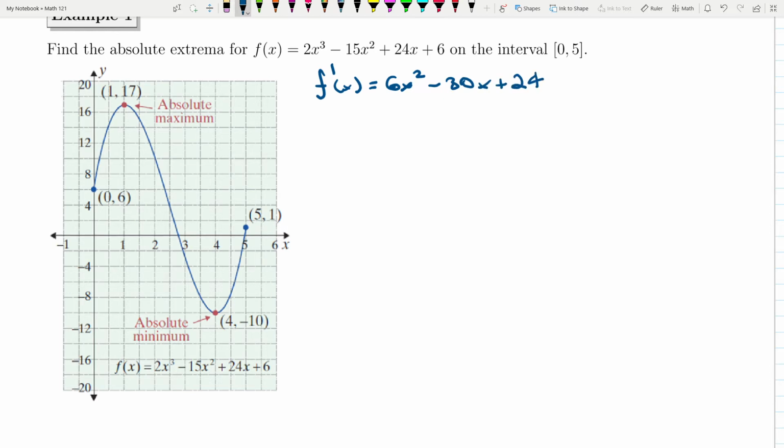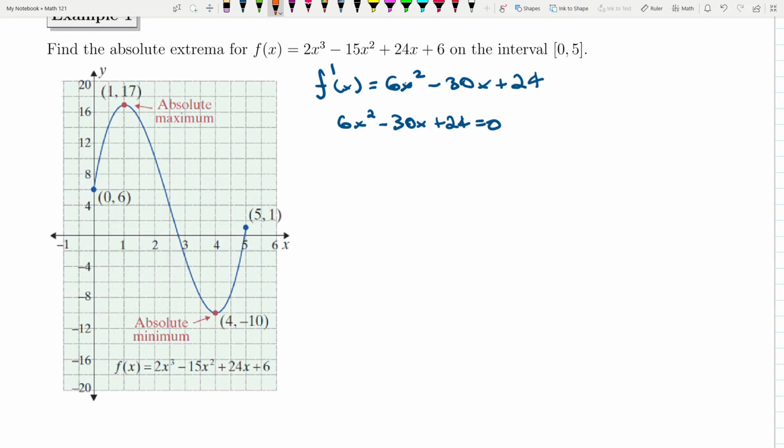We are supposed to set the derivative equal to 0, that is 6x squared minus 30x plus 24 equals 0, and solve this polynomial equation by factoring using any of the techniques that we have. The leading coefficient is different than 1, so you may be thinking of using the diamond method or guess and check, which may take a while.